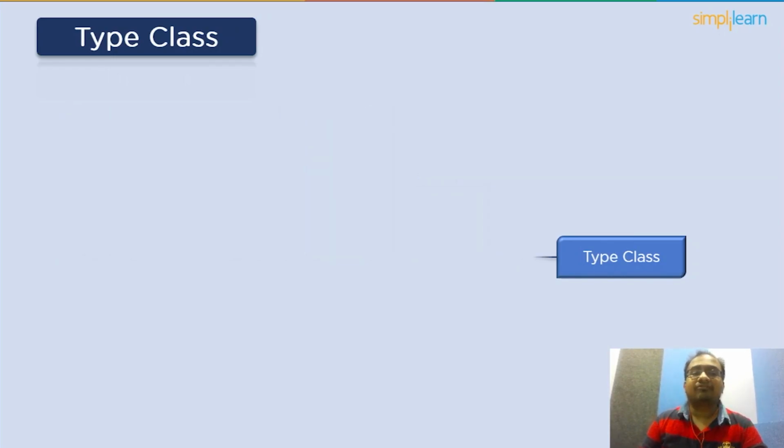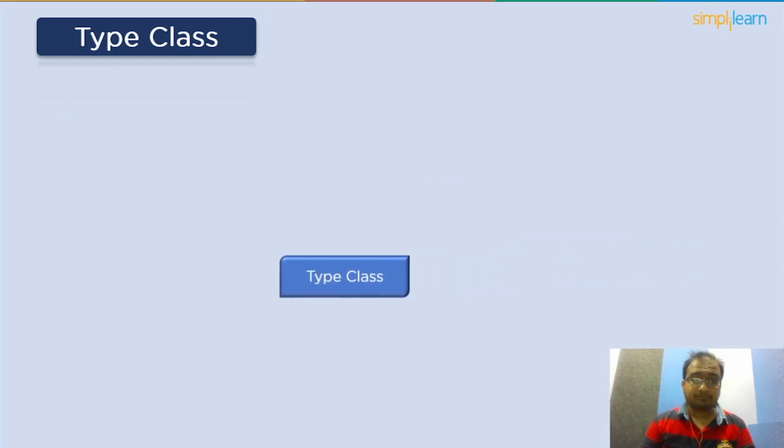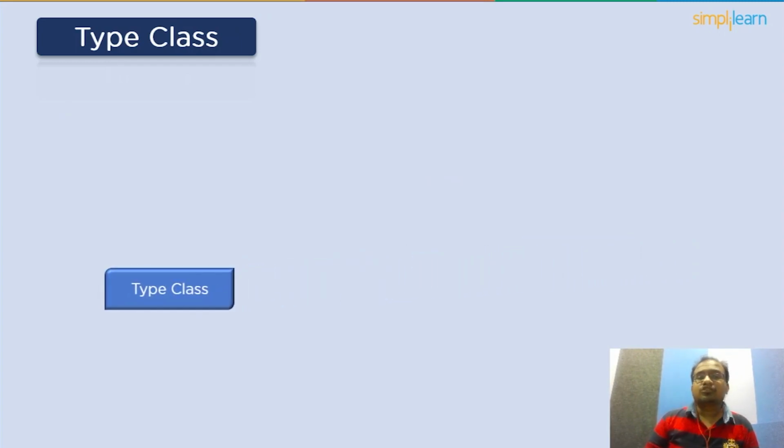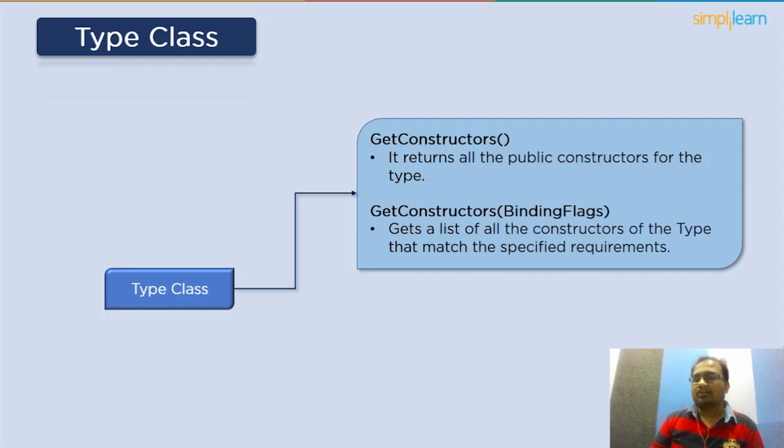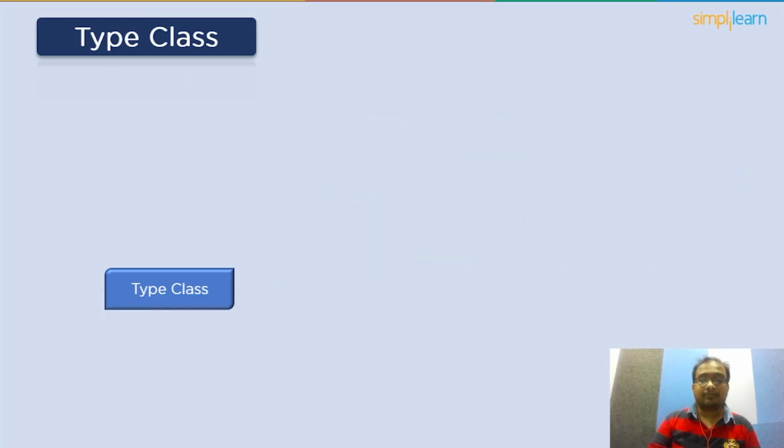Then we have GetConstructors. This one returns all the public constructors for the type. Then we have GetConstructors with an argument as binding flags. This will get us a list of all the constructors of the type that match the specified requirement.